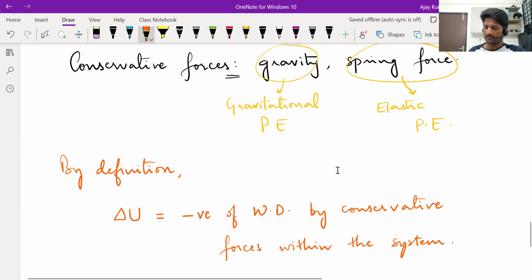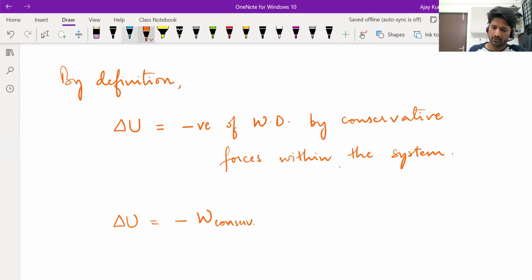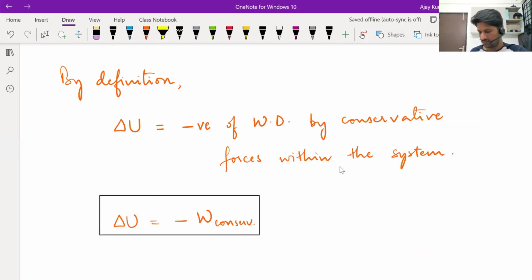So we are now going to use this definition, negative of work done by conservative forces, to derive a formula for the potential energy in case of gravity and also in case of spring force.